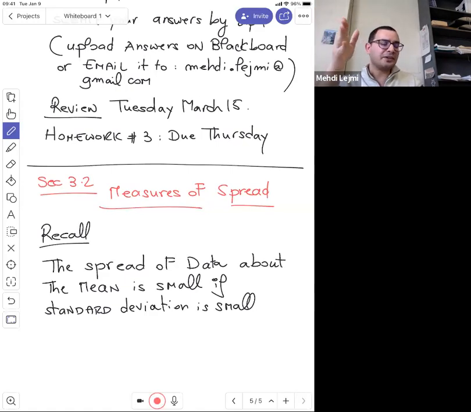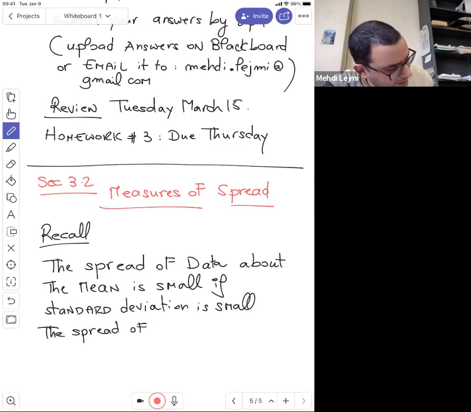So the standard deviation measures the distance between your random data value and the mean, the expected number. The spread of the data above the mean is small if the standard deviation is small, and the spread is large if the standard deviation is large.